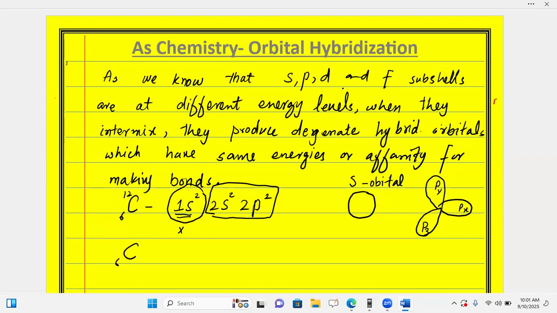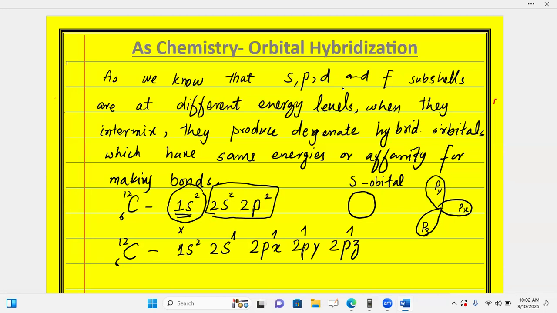Then 1s2 remains as it is, but the 2s is going to lose 1 electron to the p orbital, and 2p is taken as 2px, 2py, and 2pz. The 2p, which already has 2 electrons, shifts towards py, and the s electron shifts towards 2pz.